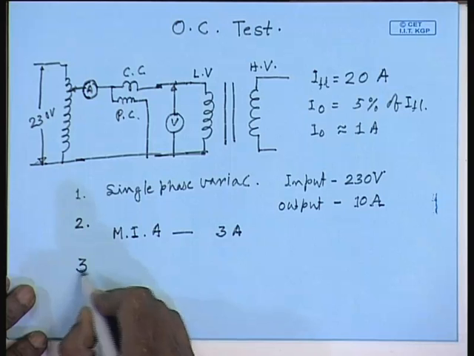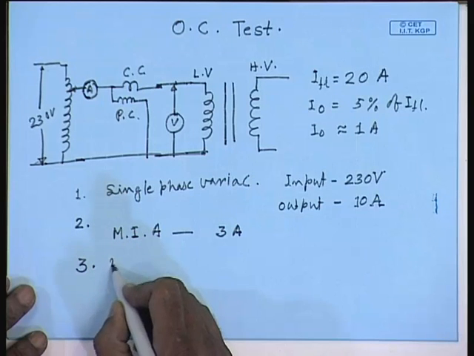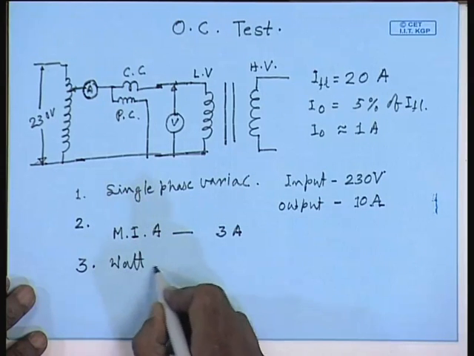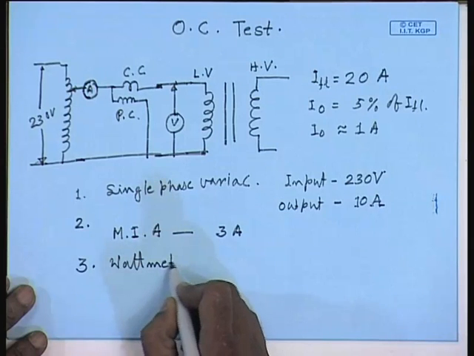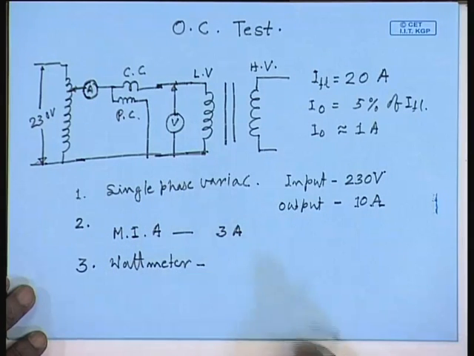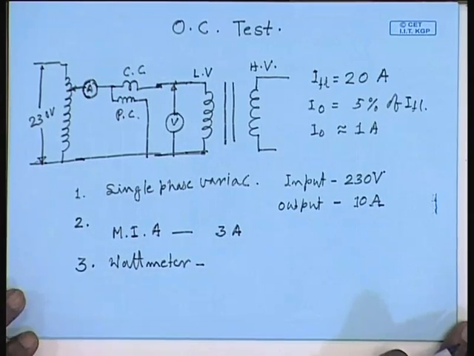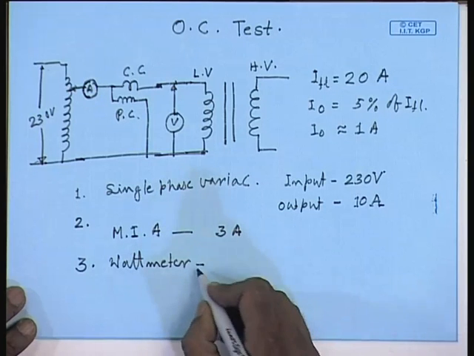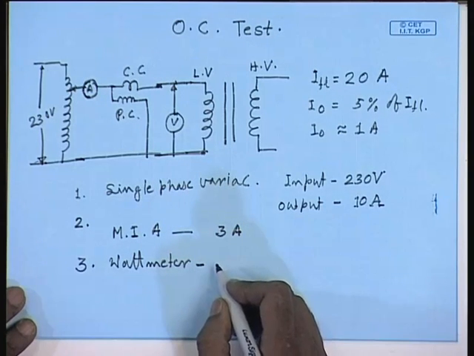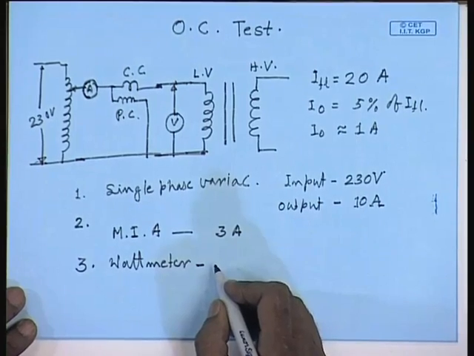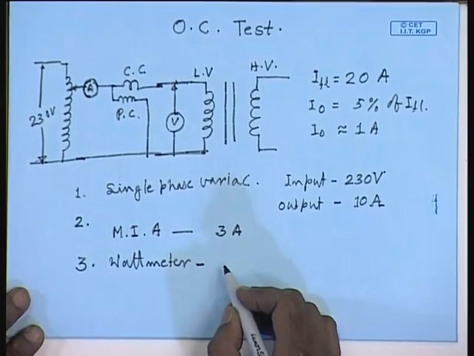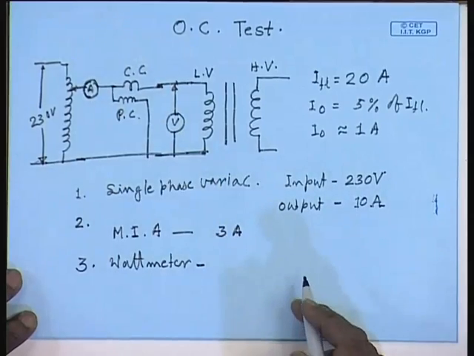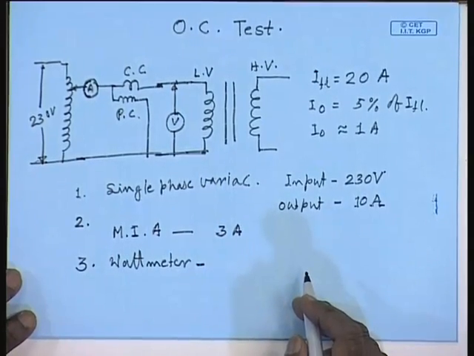Similarly, here also we will need a wattmeter. The wattmeter will have a current coil rating which is the same as the ammeter current coil rating.